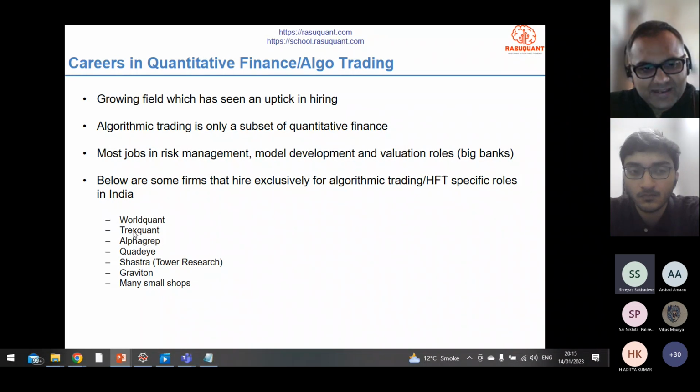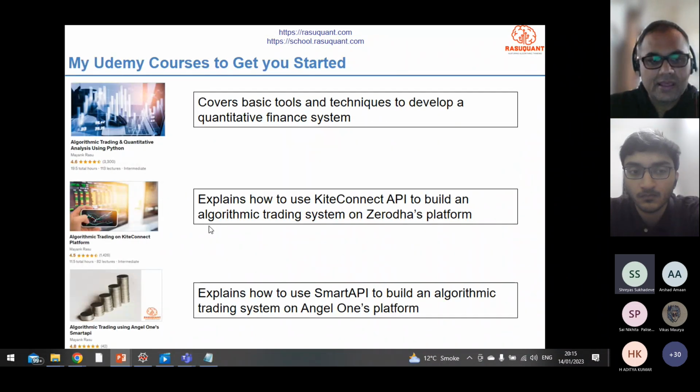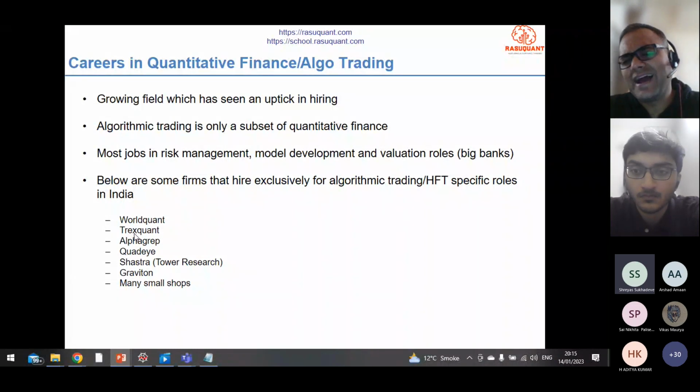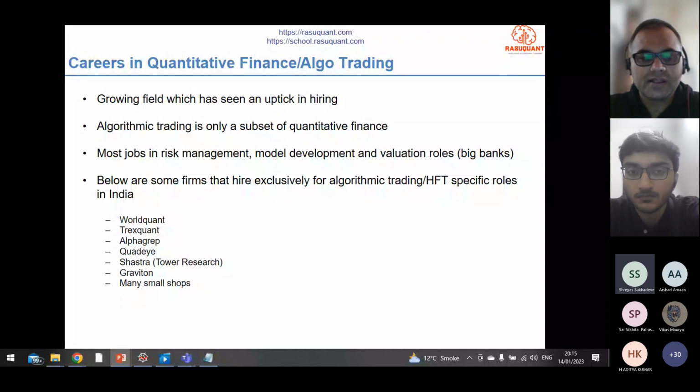If you're interested, if you go to TrexQuant's website, I think they have some kind of fellowship where college students can actually work with them. They pay you a stipend, I think 50,000 rupees or something, and you can work as a research assistant for one of their funds.